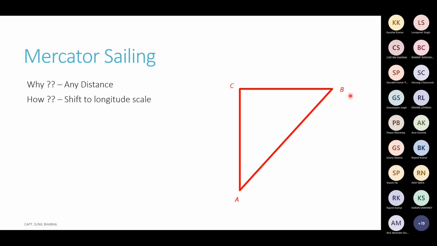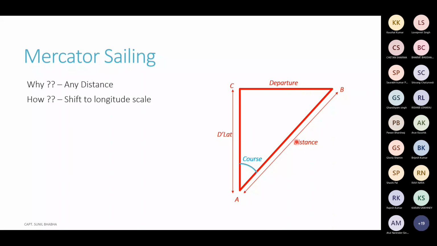The third vertex was named C. This particular angle was the course. The hypotenuse is the distance side. The vertical side, AC, is the D-lat. And the horizontal side on top, B to C, was the departure.